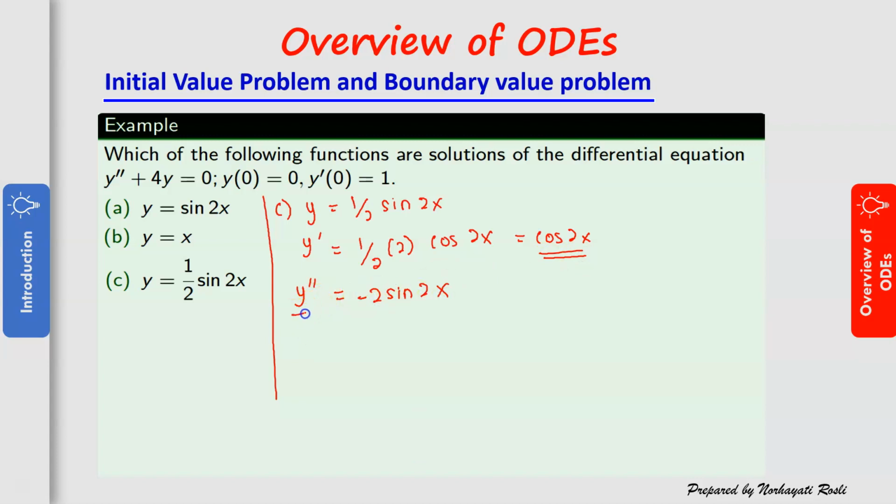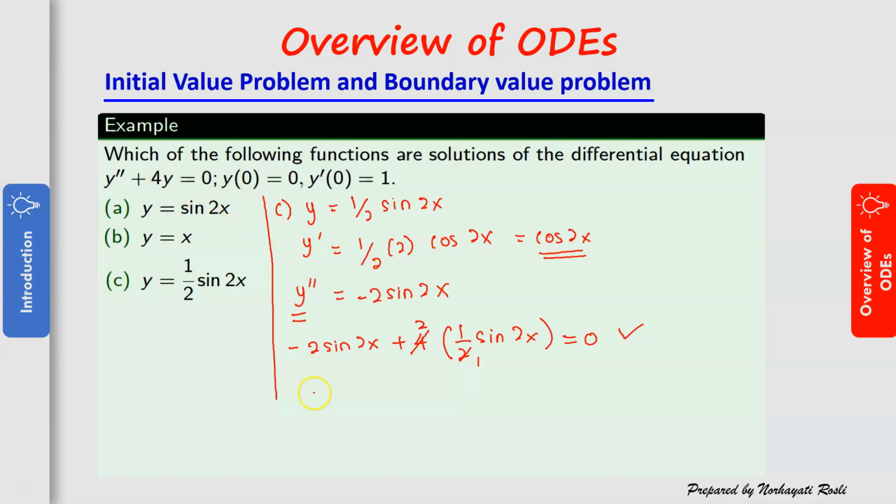When I substitute y double prime and y in this differential equation, I will have negative 2 sine 2x plus 4 times 1 over 2 sine 2x. When I solve this one, I can cancel out, and I get 0. So it fulfills this differential equation.